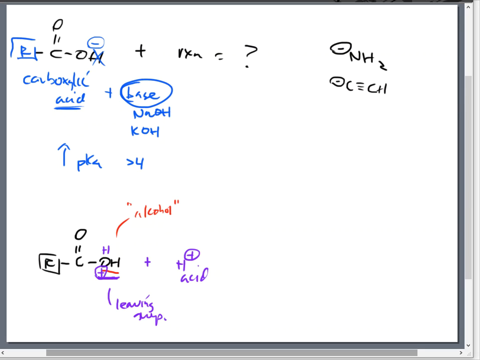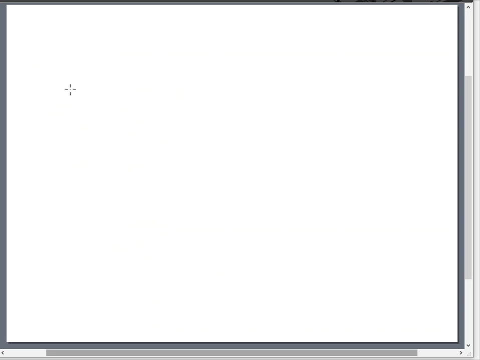So these are kind of the two side reactions that I just want you to go back and keep in mind. We can react them with a base. We can also protonate the OH group, and we can get that OH group to leave because of that. So here's an example. Let's take a carboxylic acid, and we'll just keep it simple. I'll put a CH3 over on this side.